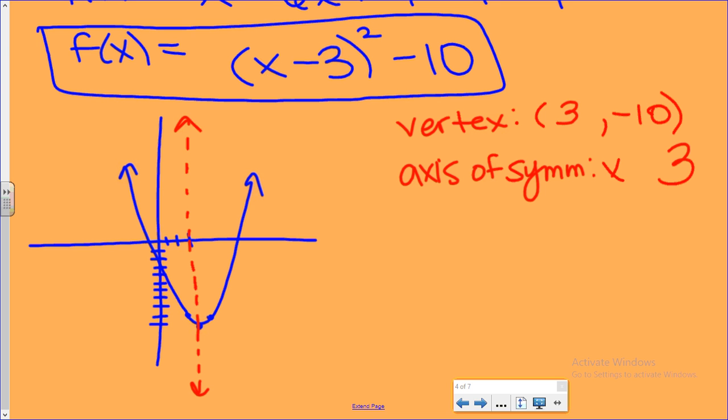Since it's a vertical line, we need to write x equals 3. And I'm actually glad that you did that because on a quiz or a test, if you just give me 3, I will not give you full credit for that. It does need to be the line. So x equals 3.